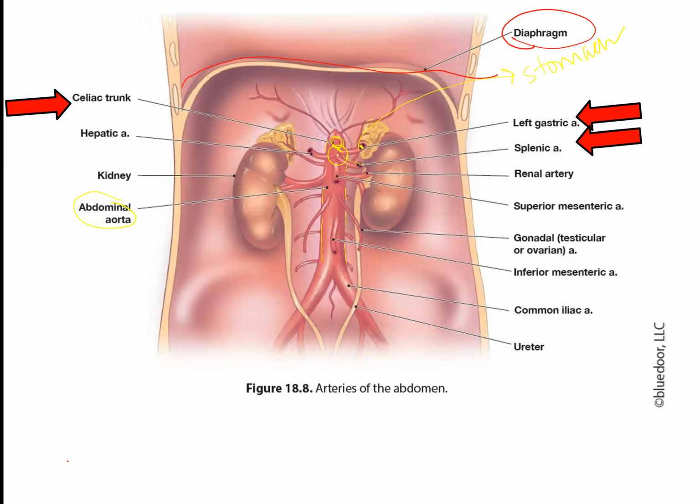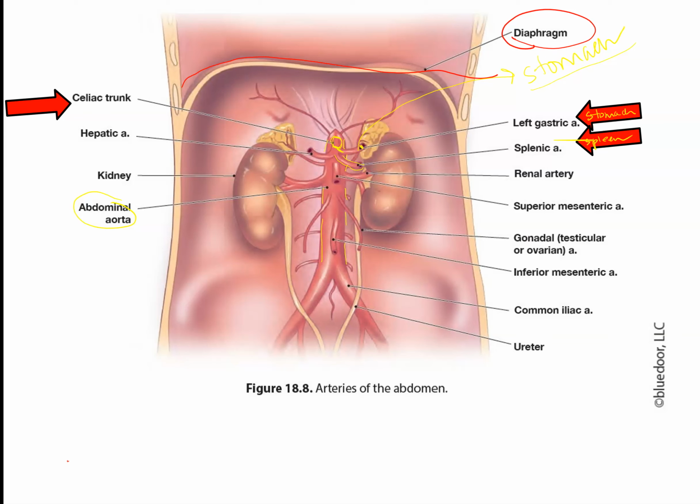You only have one spleen, and you only have one stomach too, but your splenic artery is going to be going over on this side of your body, and that's going to your spleen. So stomach is where the gastric is going, and the spleen is where the splenic is going.